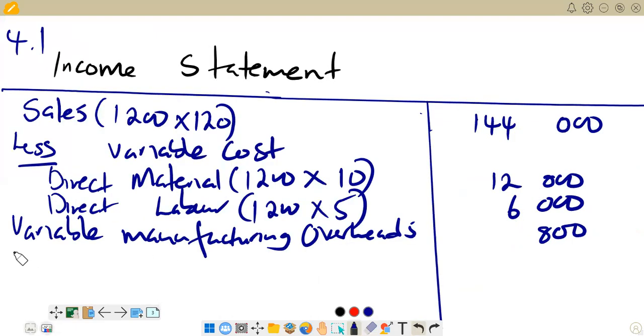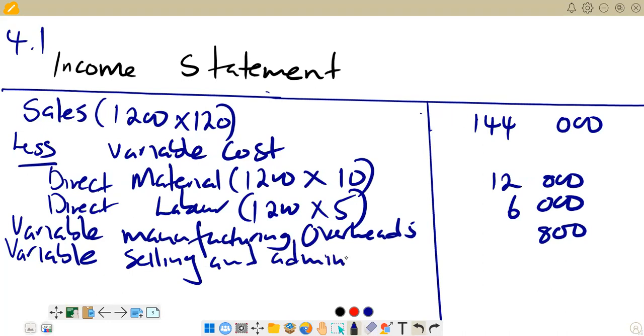We are saying variable selling and administrative costs. So that's what we have there.